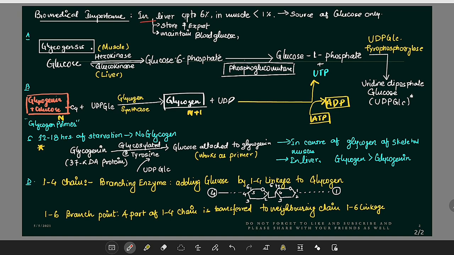In the liver, about 6% of glycogen is stored, and its main function is to store the extra glucose, export it, and maintain the blood glucose level. Whereas in the muscle, less than 1% of the total glycogen is stored, and here in muscle, glycogen is the only source of glucose to be utilized as a prime source of energy.